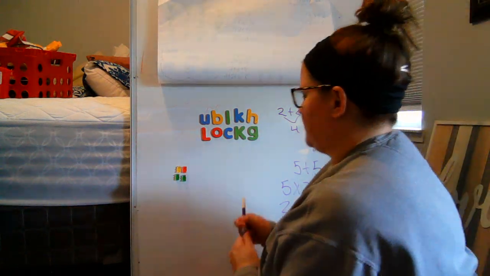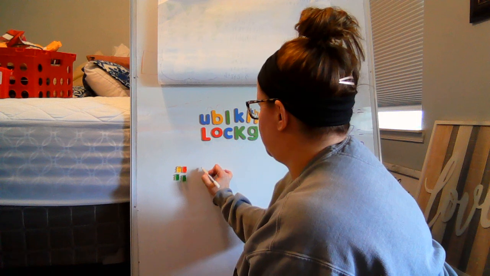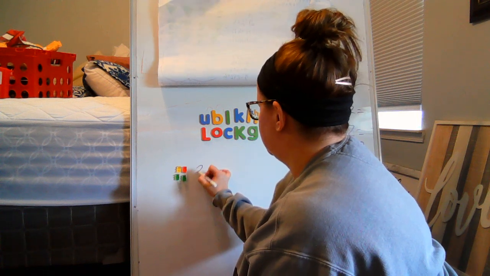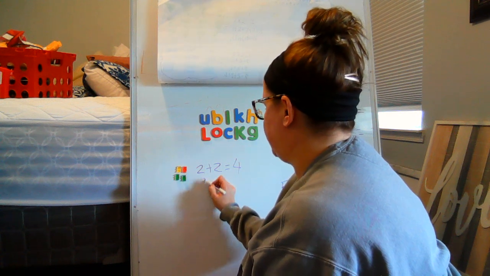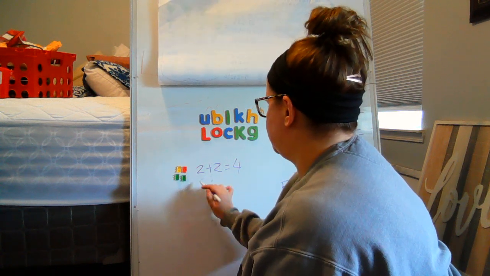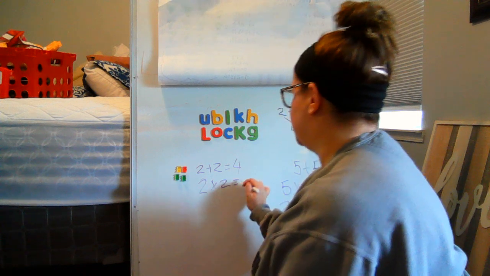So I'm going to do an easy one this time. I could do 2 rows and 2 columns. 2 plus 2 equals 4. And it would be the same, so I wouldn't have to write it again. So 2 times 2 equals 4.